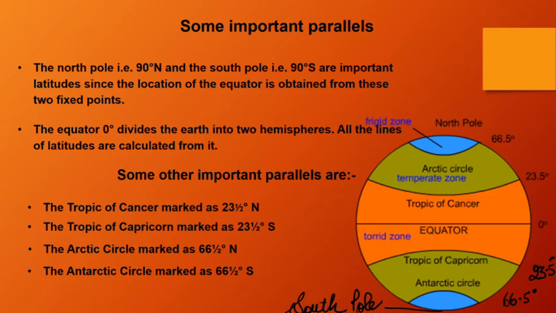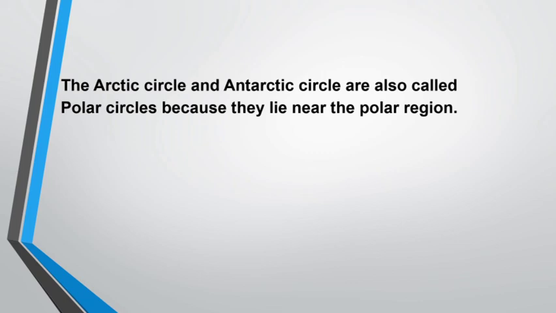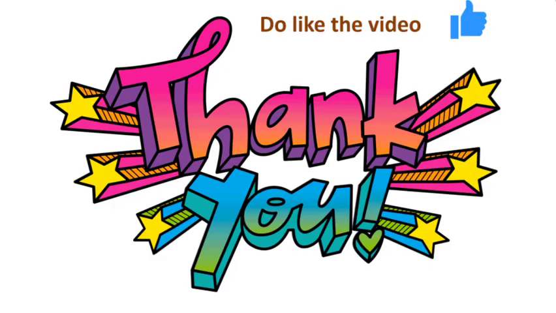So it is indicating that the Tropic of Cancer and the Arctic Circle lie in the northern hemisphere and the Tropic of Capricorn and Antarctic Circle lie in the southern hemisphere. The Arctic Circle and Antarctic Circle are also called polar circles because they lie near the polar region.